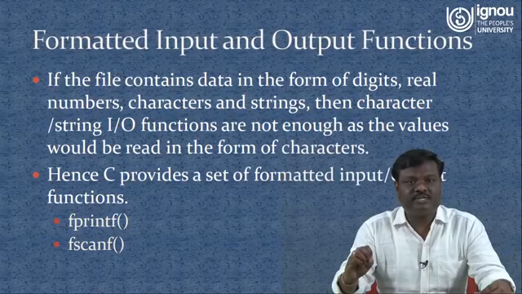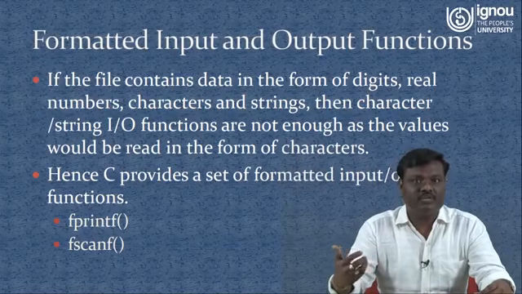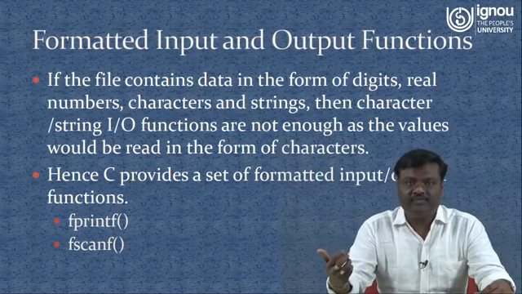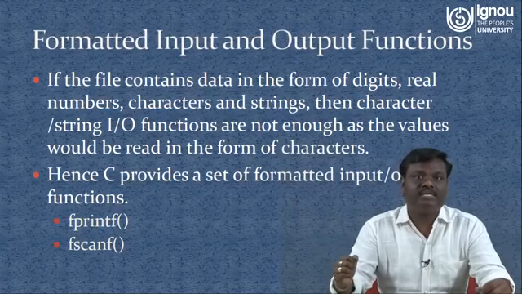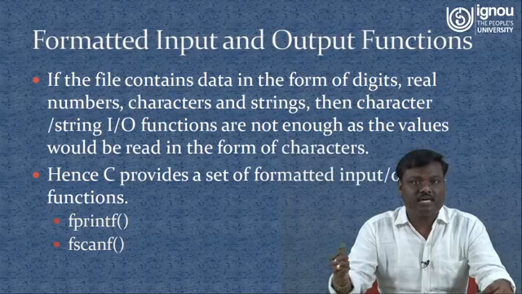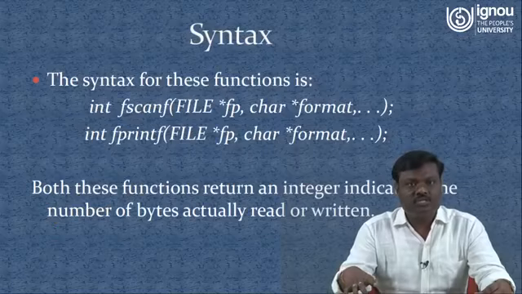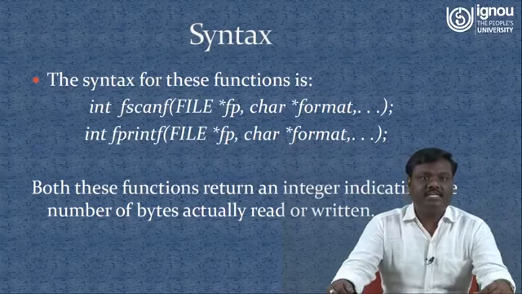With these two functions, if you want to print something into the file, you have to use fprintf. If you want to read the formatted form of digits or float values, you can use fscanf.